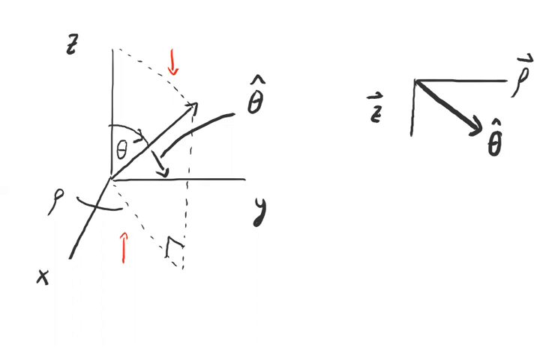Points down that way. So clearly, I'll call this a vector for the moment. Theta, the vector theta, is just the vector rho minus the vector z, because I'm going downward. I'm going in the minus z direction.